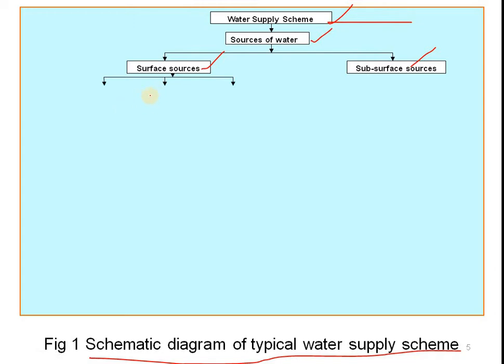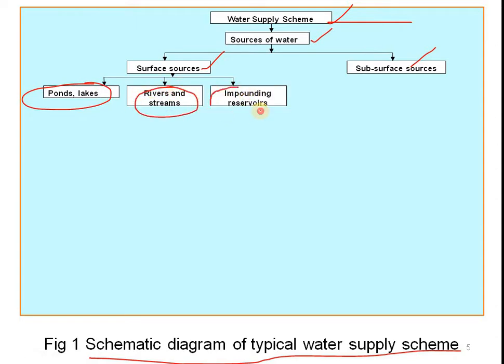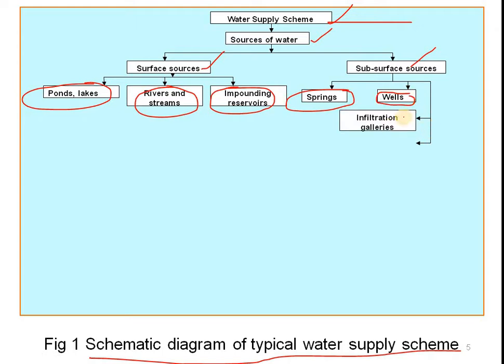The surface sources are ponds, lakes, rivers and streams, and impounding reservoirs. Coming to subsurface sources: springs, wells, infiltration galleries, infiltration wells.